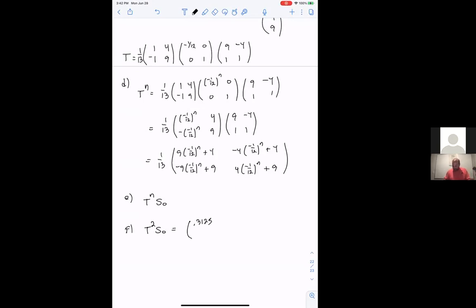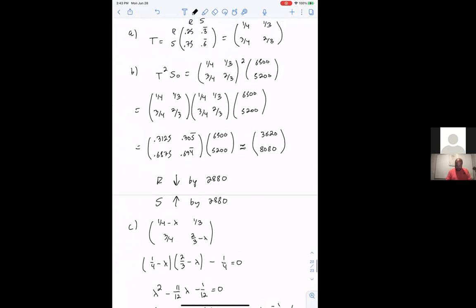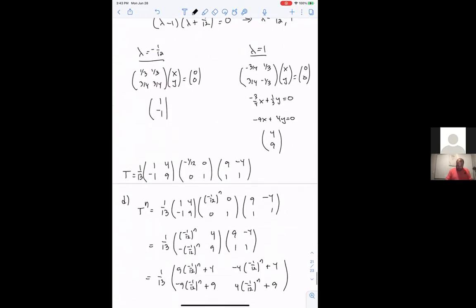And negative 9 over 144 plus 9, divided by 13 gives me 0.6875. Negative 4 over 144 plus 4, divided by 13 gives me 0.305 bar. And 4 over 144 plus 9, divided by 13 gives me 0.694 bar, acting on S naught, which was 6,500, 5,200.